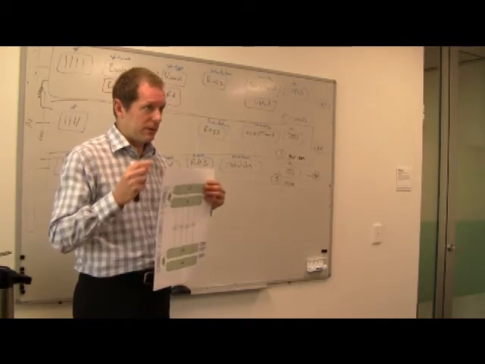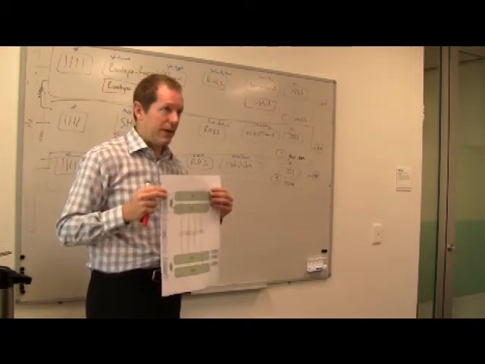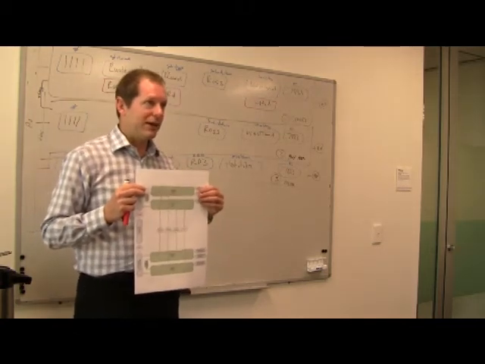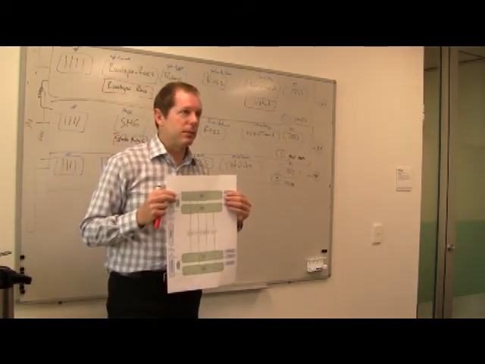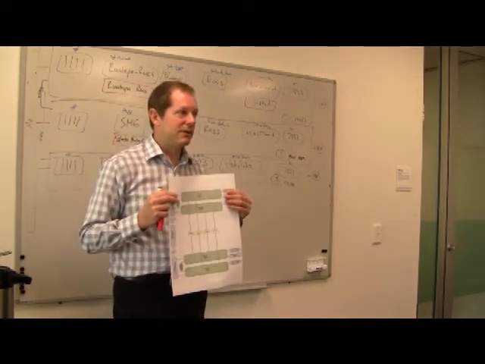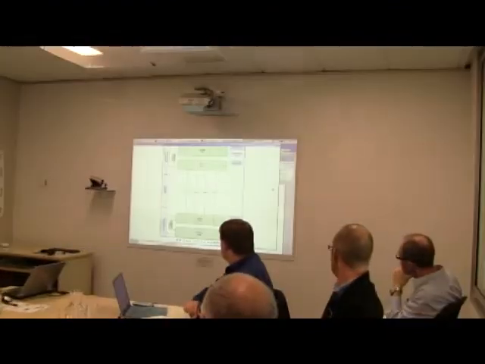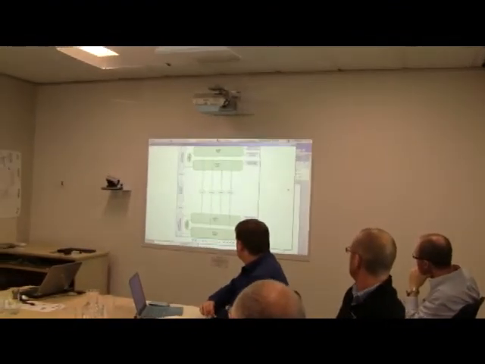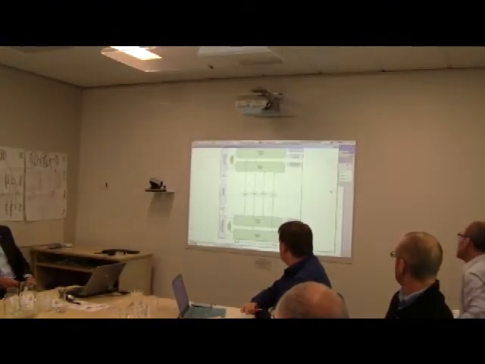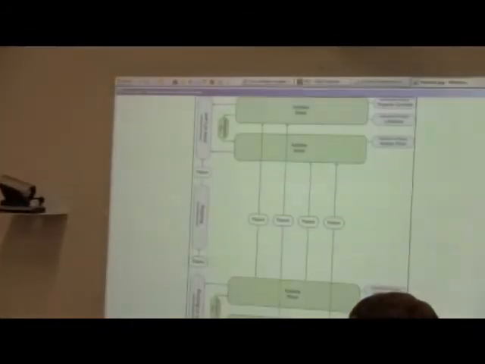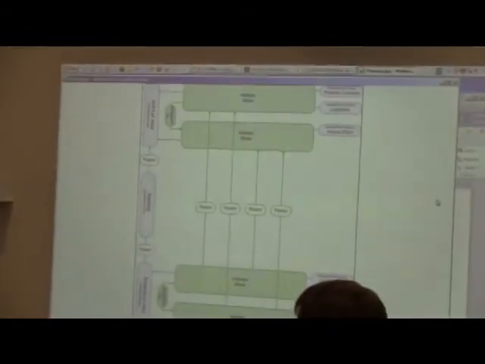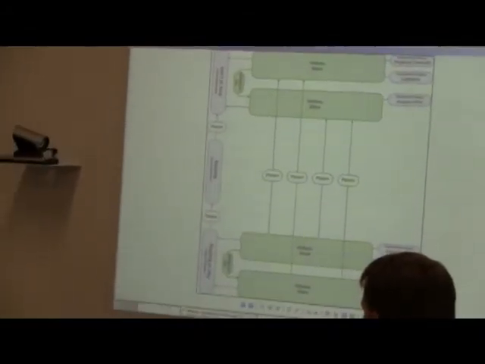But essentially, if you look at the board at the back, you can have a parent addressable object at the top with parent addresses, and those parent addressable objects and parent addresses can have children or child addressable objects and child addresses.